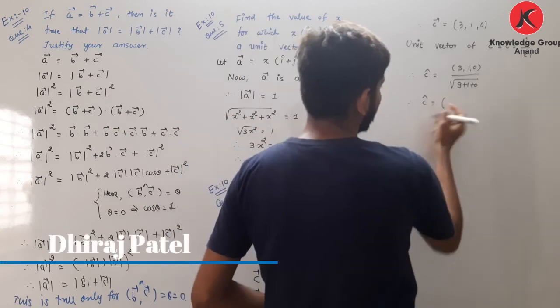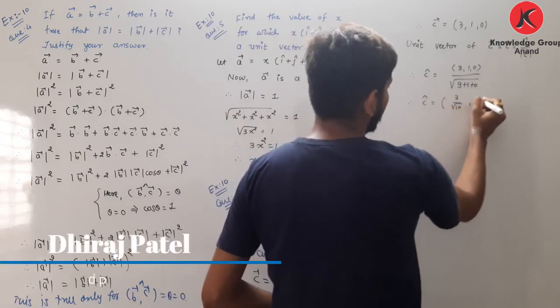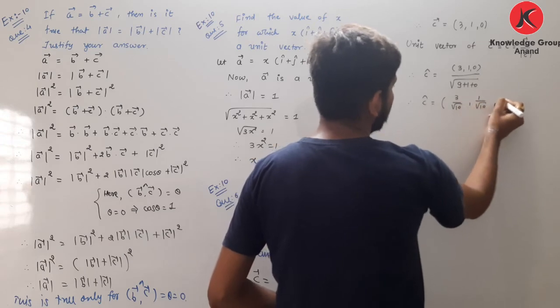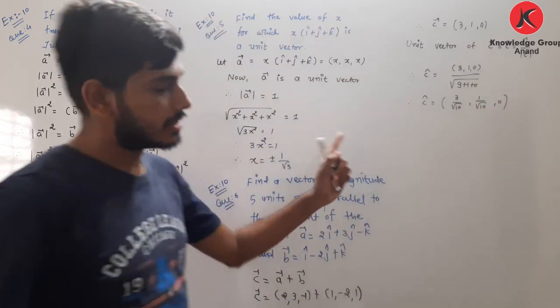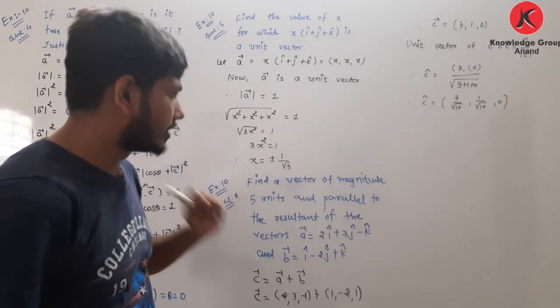Therefore C cap equals 3 by root 10, 1 by root 10 and 0. Okay, this is our unit vector in the direction of vector C.